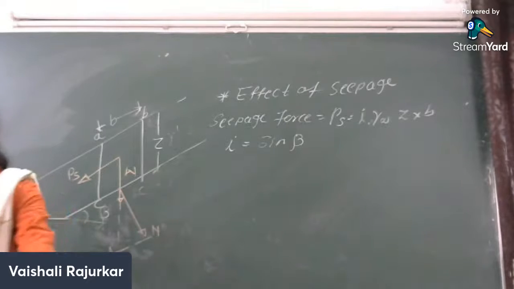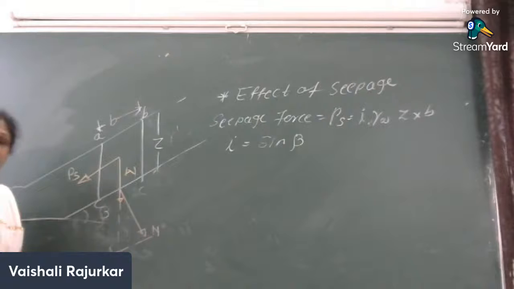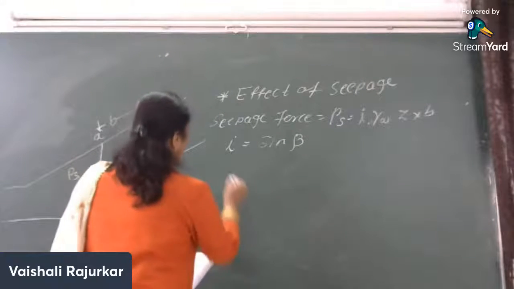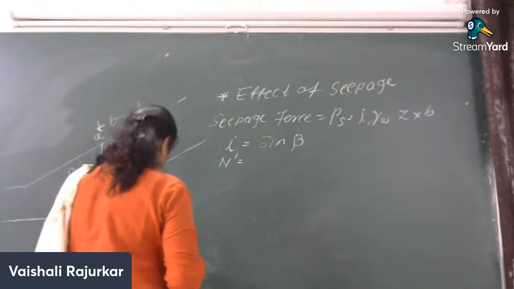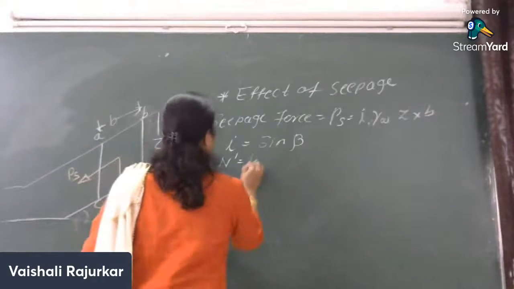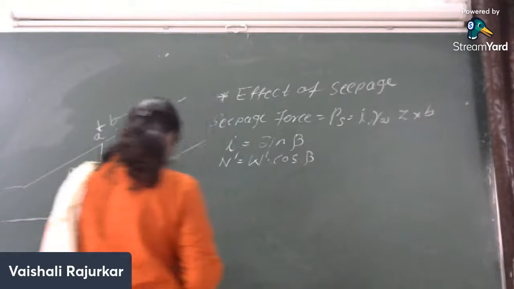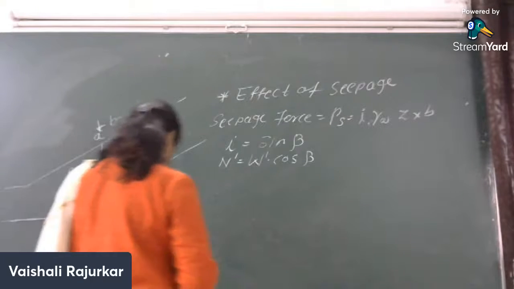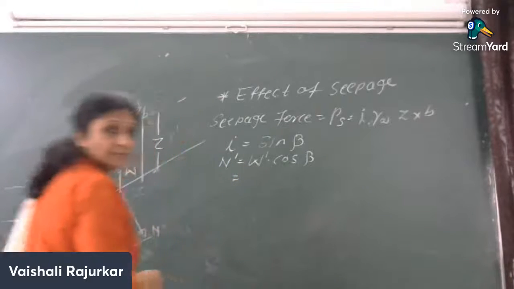Now what is T and what is N? Again we will consider the same condition as we discussed in the previous case. N dash is equal to W dash into cos of beta. What is W?